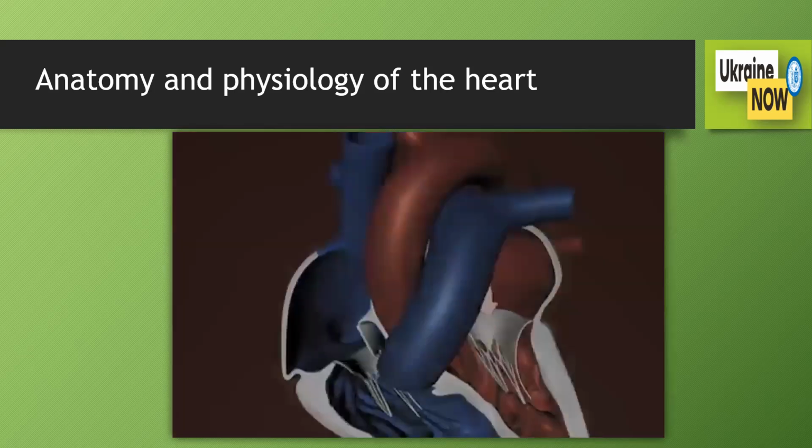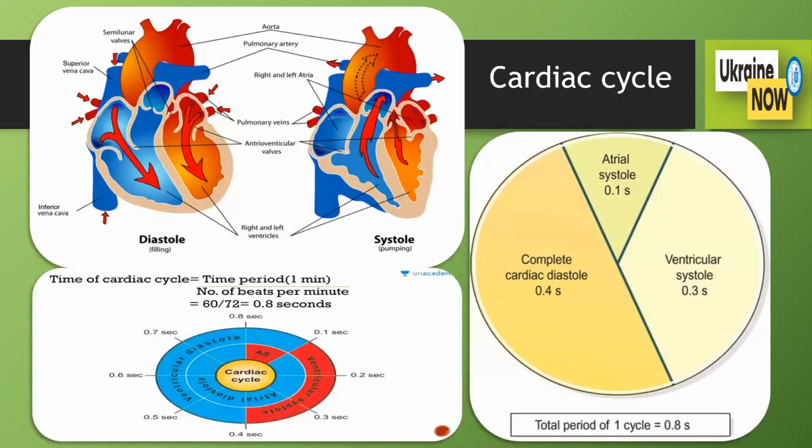Well, next is the cardiac cycle. It is a period of time that begins with contraction of the atria and ends with ventricular relaxation. The cardiac cycle proceeds in 3 phases.